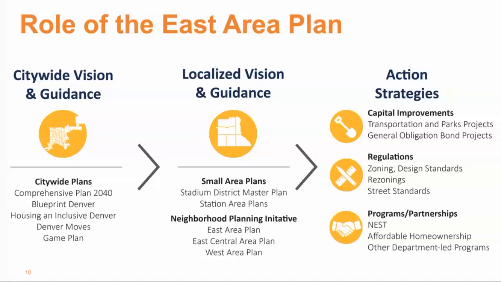So we get this question a lot of how is my property's zoning going to be changed? And that's not the role of an area plan to specifically change zoning on individual properties. A plan is a guiding document. It's an advisory document.